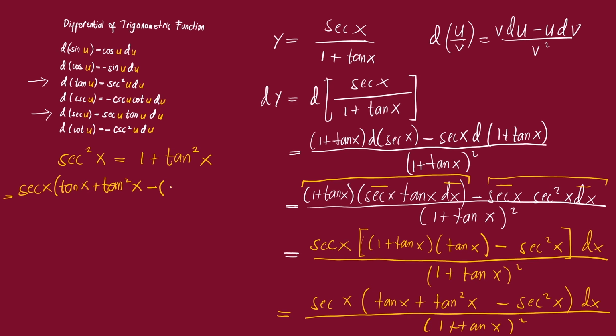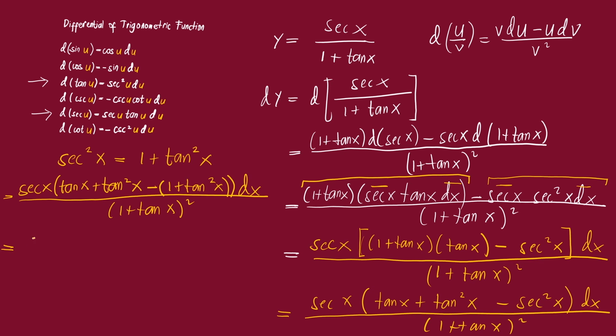So I'll put parentheses, 1 plus tangent squared x, close parenthesis, then another parenthesis, dx, all over 1 plus tangent x squared.